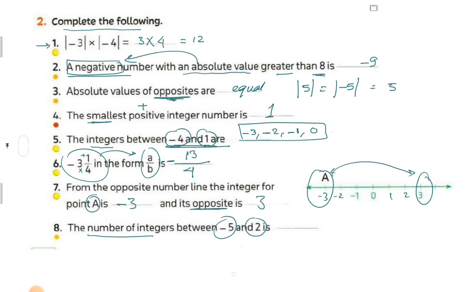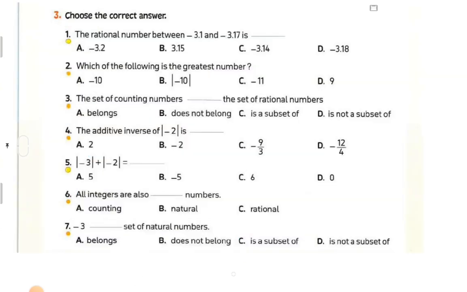From negative 5, negative 4, negative 3, negative 2, negative 1, 0, and 1, then 2. I don't need 2. I don't need negative 5. How many? 1, 2, 3, 4, 5, 6 integers. The number of integers is 6.